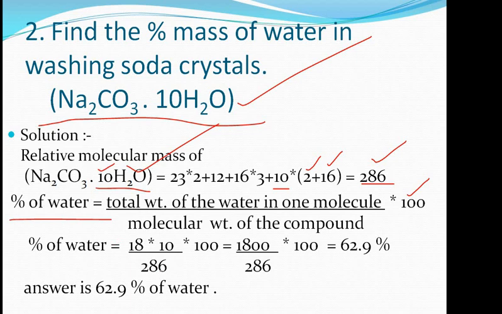So 10 into 18 divided by the molecular weight of the compound. What is the relative molecular mass of the compound? That is 286. Then just calculate. The value coming is 62.9%. So you need to write the answer also. The answer is 62.9% of water.